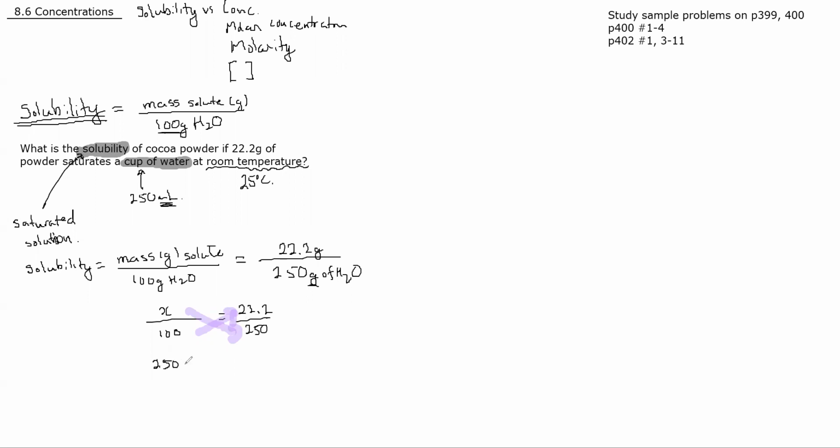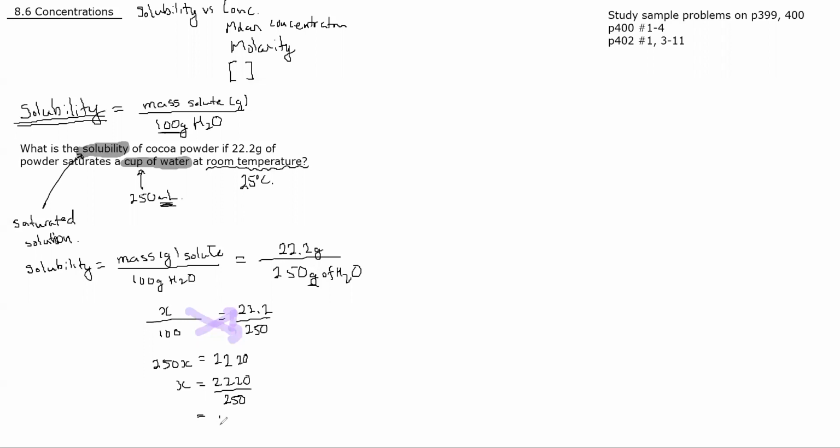You get 250x equals 2220. That means x is equal to 2220 divided by 250, and that gives you something on the calculator that I'm going to have to open first.